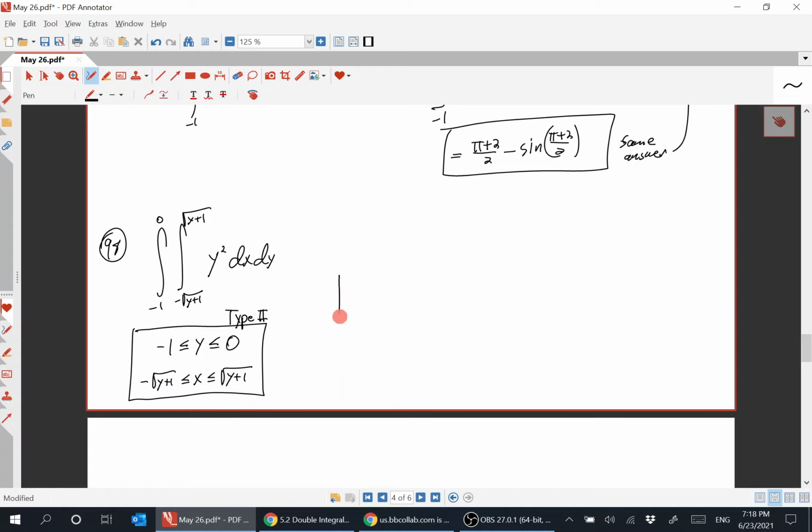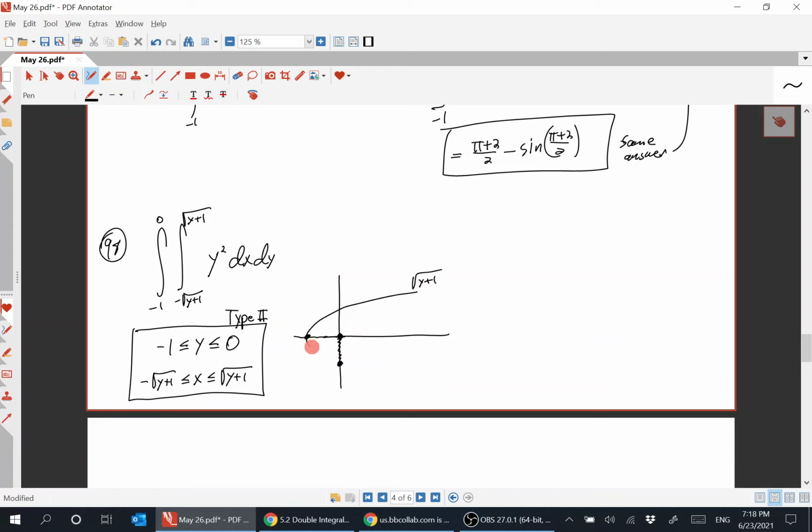So let's draw the region. So y goes from minus 1 to 0. So this is y right here, minus 1 to 0. The square root of y plus 1, that's the square root of y, shifted to the left 1, so that's square root y plus 1.